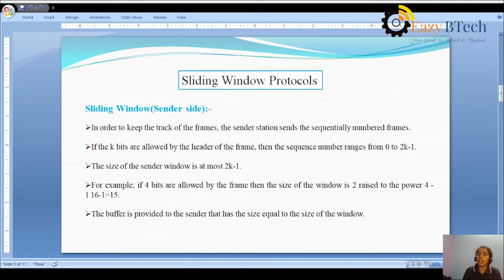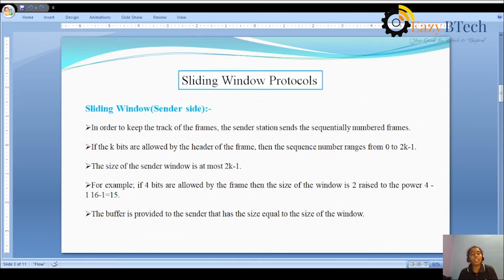For example, if a frame consists of 10 bits, the sequence number ranges up to 2^10 minus 1.